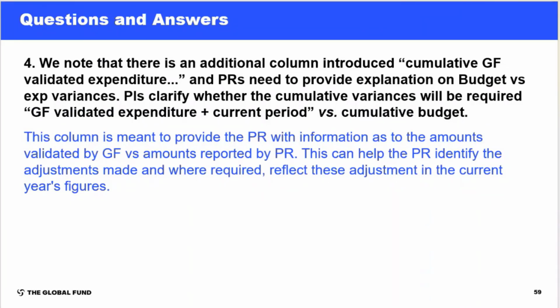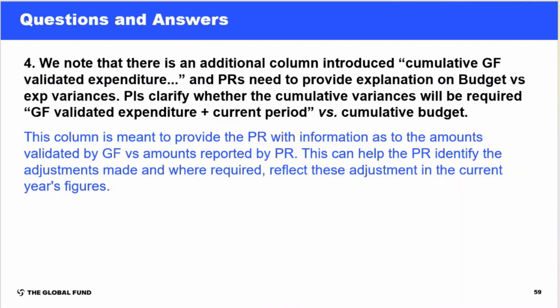I think there'll be a few of them here for you, Bogi, so please. There's an additional column introduced, cumulative Global Fund validated expenditure. The PR needs to provide explanation of budget versus expenditure variances. Please clarify whether the cumulative variances will be required: Global Fund validated expenditure versus current period cumulative budget.